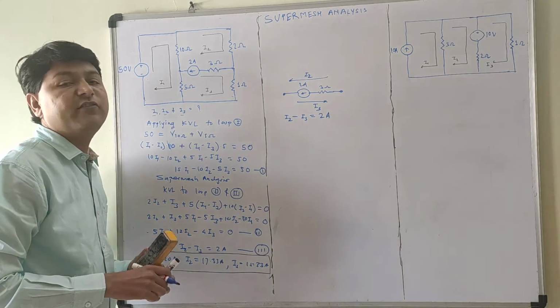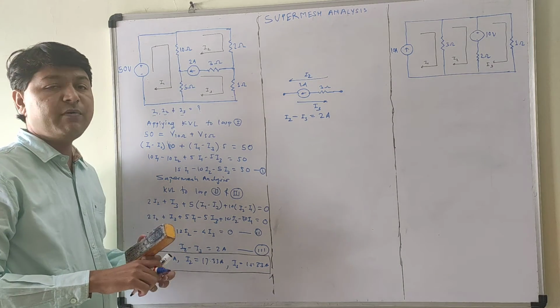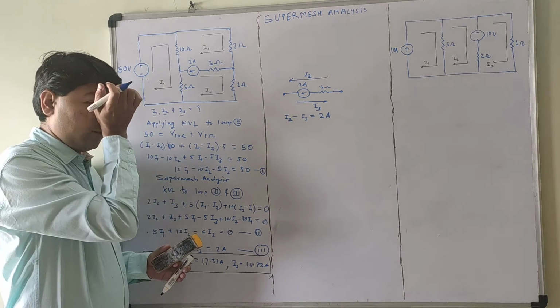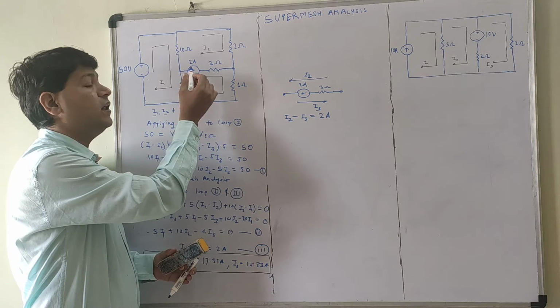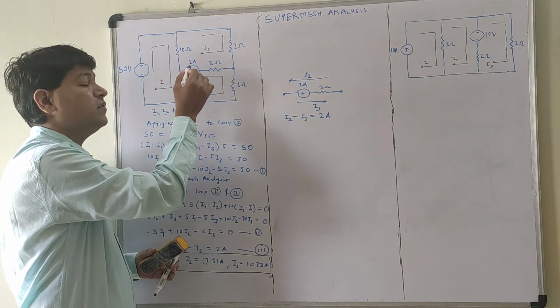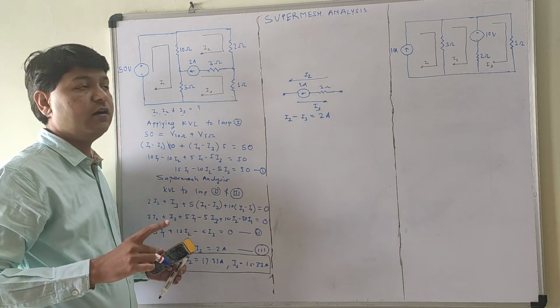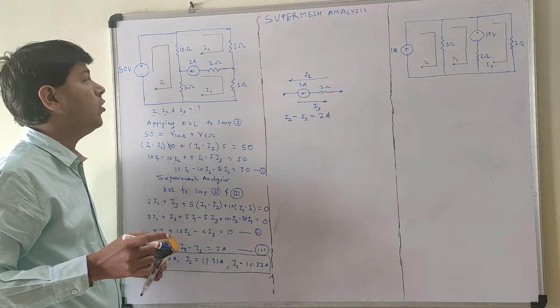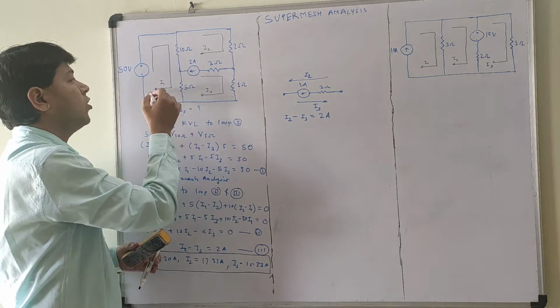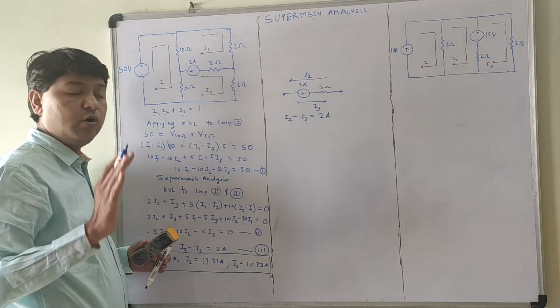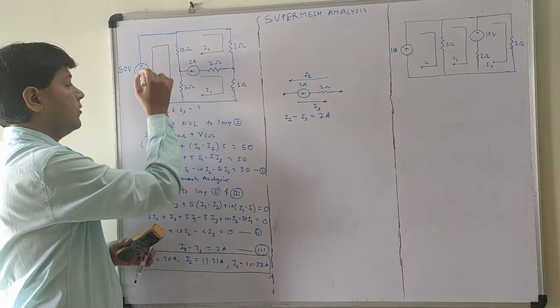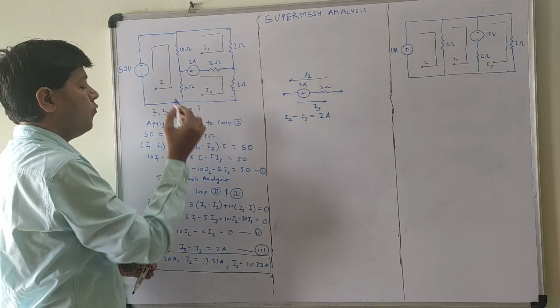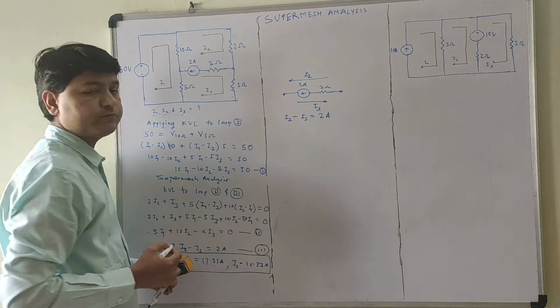using super mesh analysis. So what have we done in the super mesh analysis? It is applicable when there exists a current source in the circuit, where we cannot apply Kirchhoff's voltage law. So first of all we apply Kirchhoff's voltage law where there is no current source. We applied it to loop 1 and calculated the first equation.